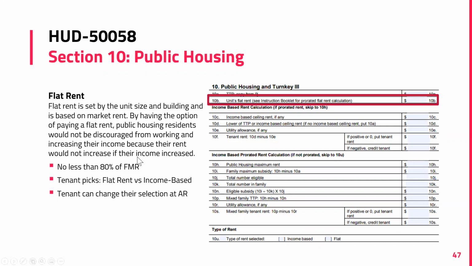So by having the option, this is another way that public housing is encouraging residents to work, because if they're working and they're bettering their lives, in turn their rent actually increases. So this is a way of allowing the tenant to continue making their life better without increasing the obligation as far as their monthly bill goes.